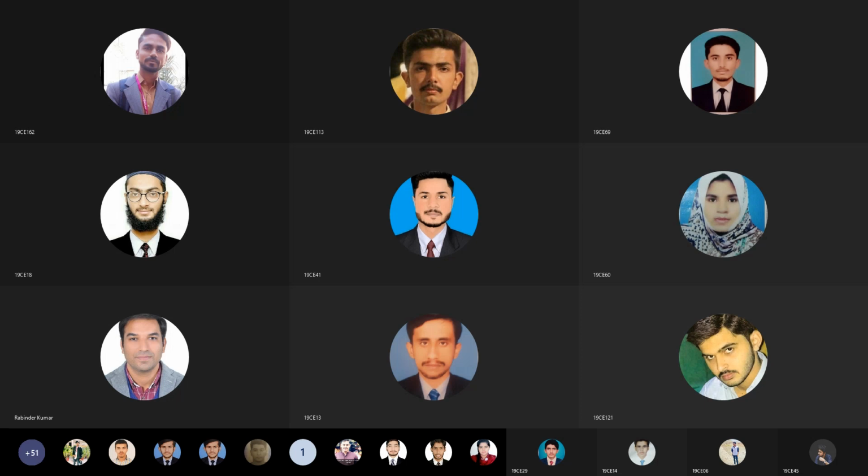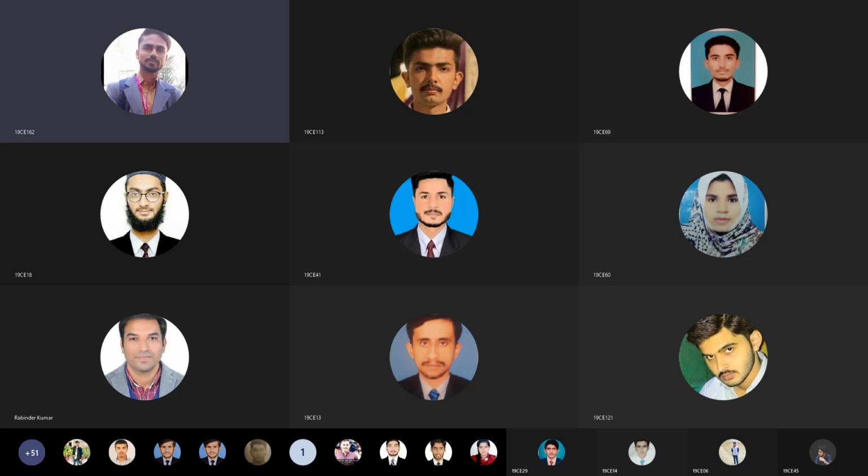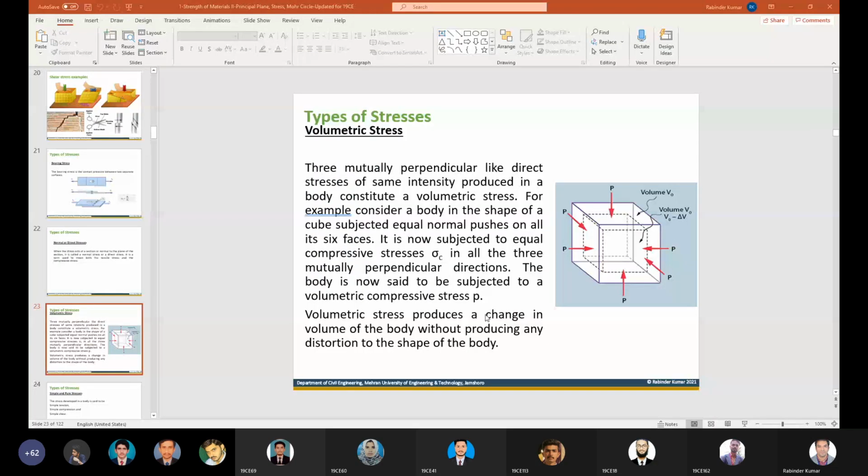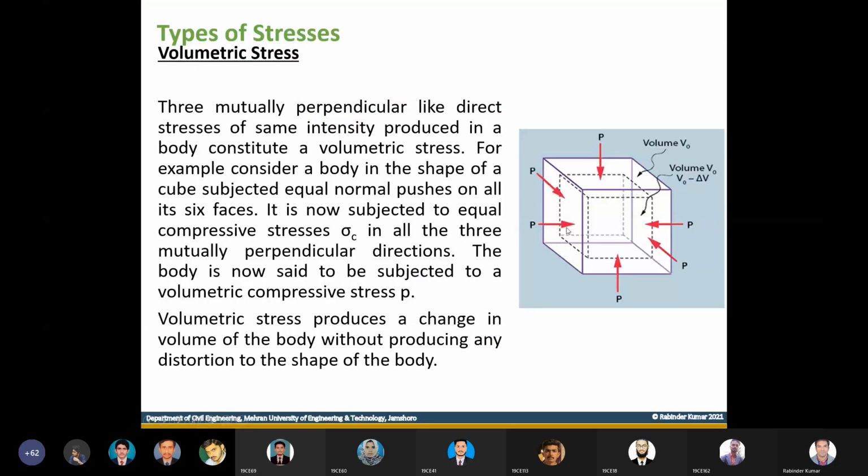So let's get back to this volumetric stress. It is like when you are trying to push or pull an object. Okay, so the stress is generated in such case. So they will be termed as volumetric stresses.